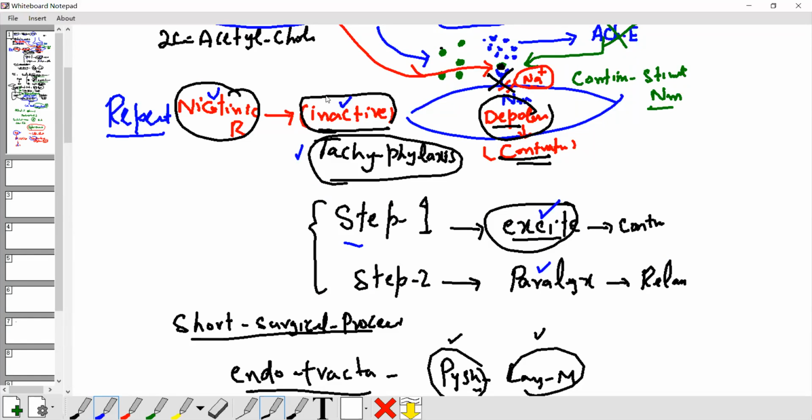Understand? Just because of these side effects, hyperthermia, hyperkalemia, and lactic acidosis, the uses of succinylcholine are limited. We have many other safe drugs. The limited use is just for short surgical procedures, for example endotracheal intubation.